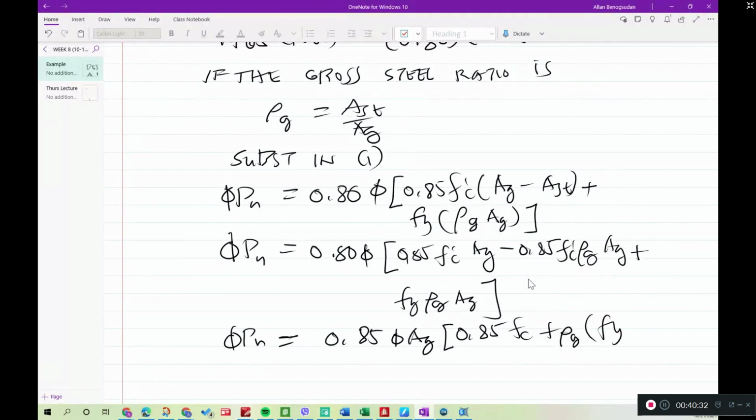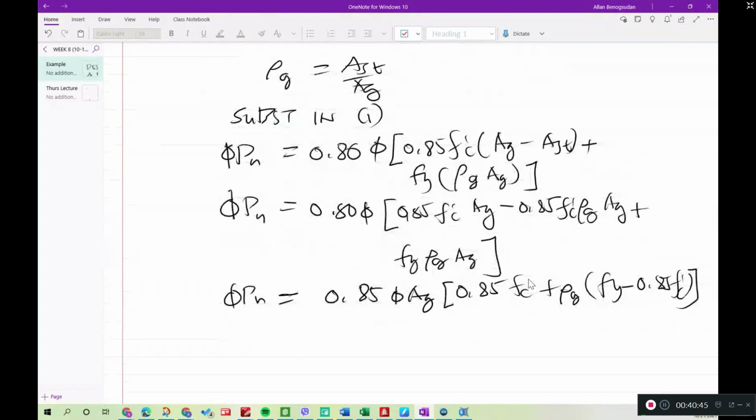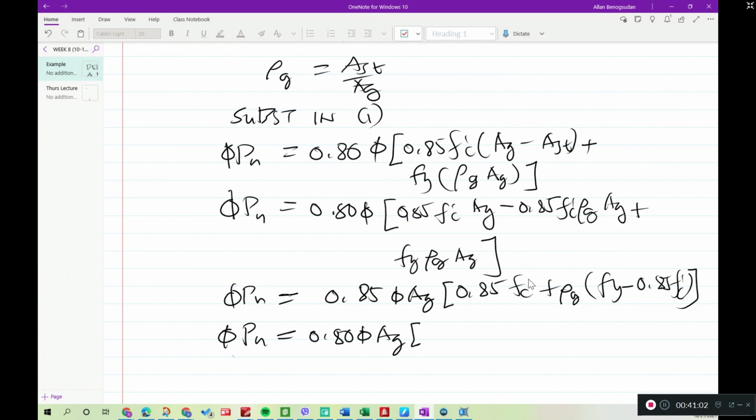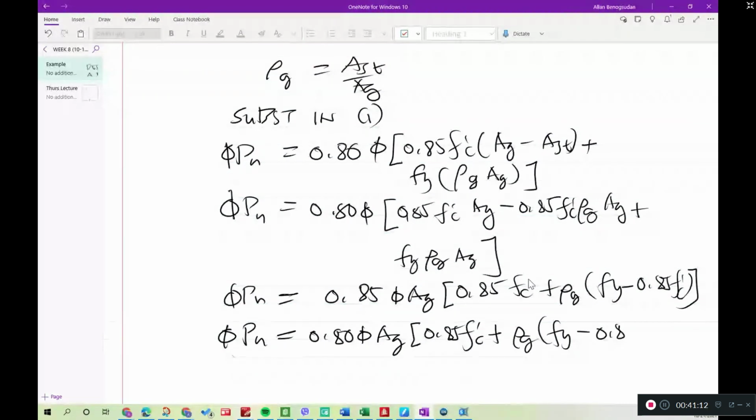I think we have this one already. It's just a derivation so that you can see how it works. Then phi Pn, I think this one is clear already: phi Pn equals 0.80 phi times the gross area multiplied by the quantity of 0.85 f'c plus rho g fy minus 0.85 f'c.